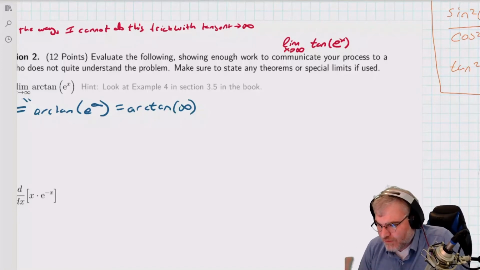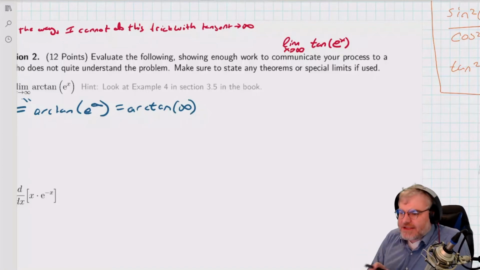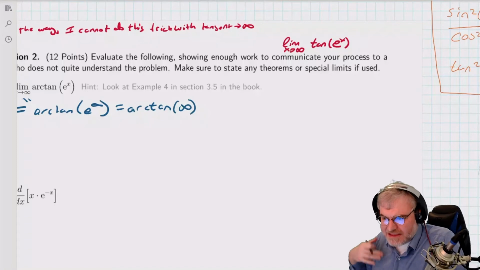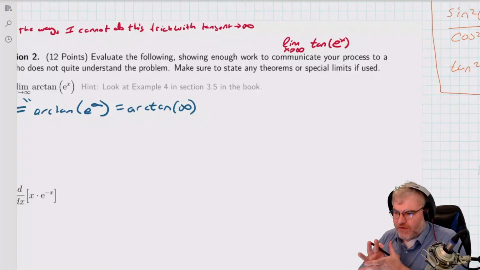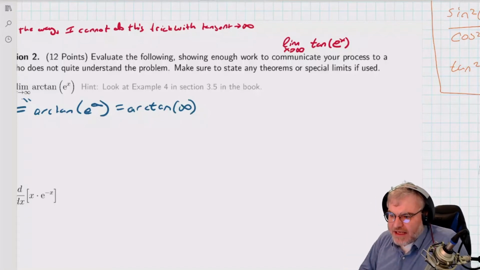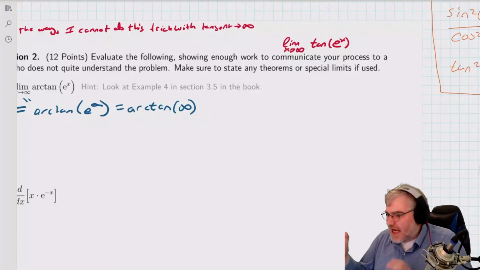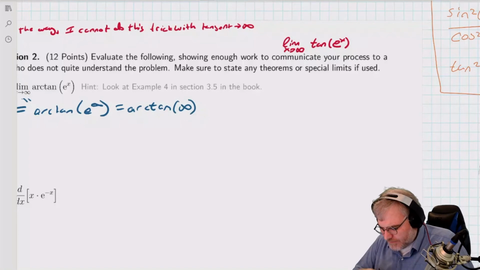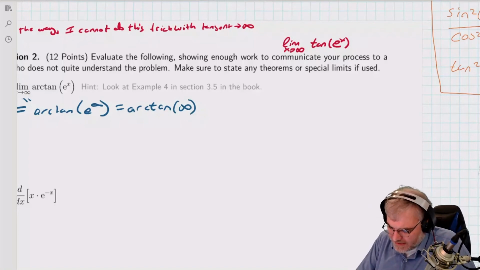You kind of have to feel for it. I don't mean that to distract you. I'm just saying, keep in the back of your mind that this trick works because these functions are continuous over their domains. Now, I can restrict the domain and then do it, but I have to be careful. This would be the limit as x goes to negative infinity, by the way.